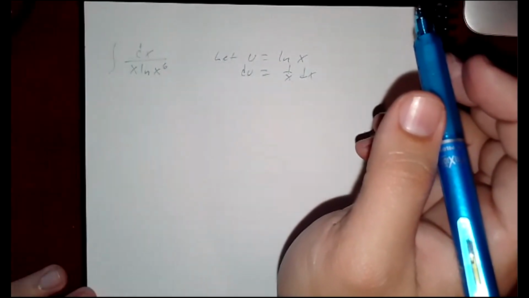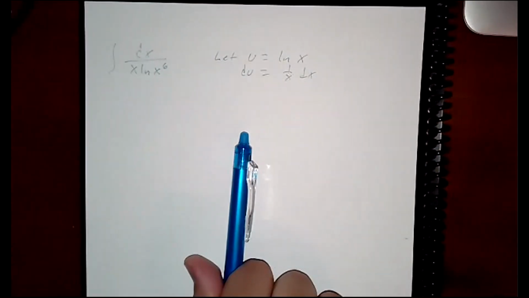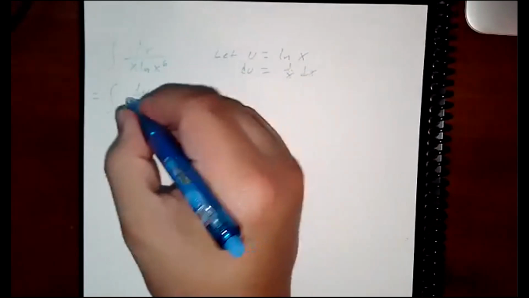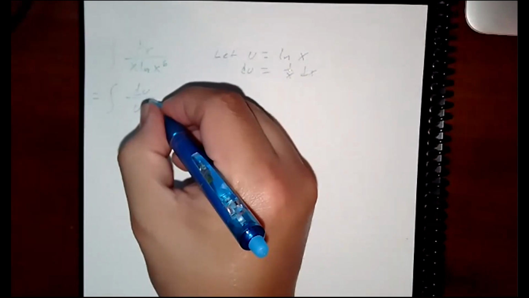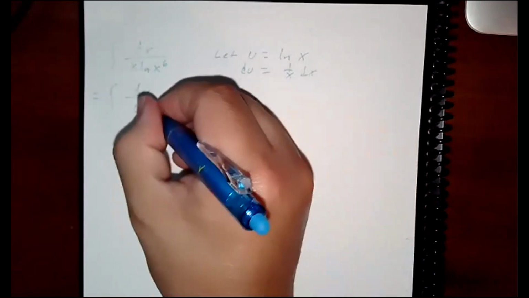So then, let me check something. Hold on a minute. Yeah, it should be fine. Okay, so then this should be du over u to the power 6.